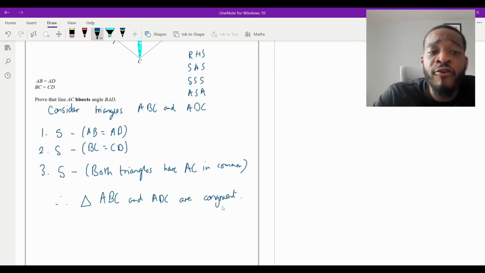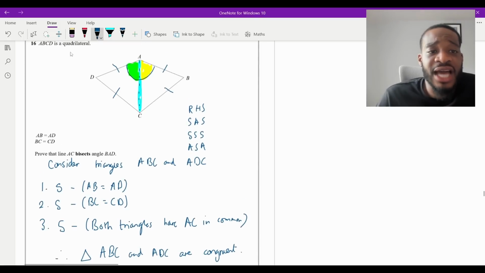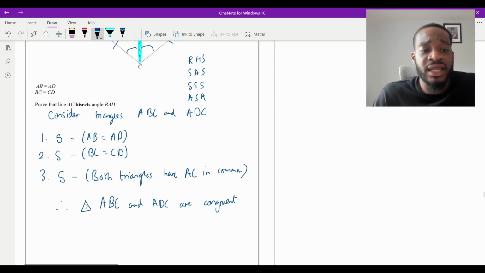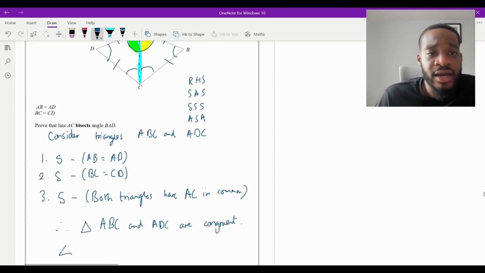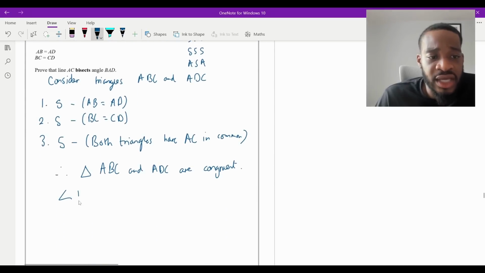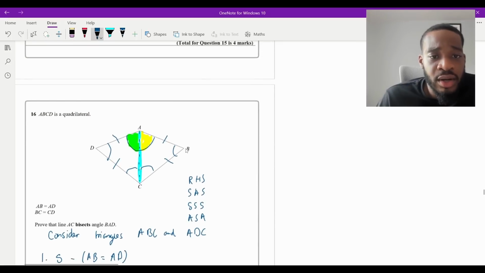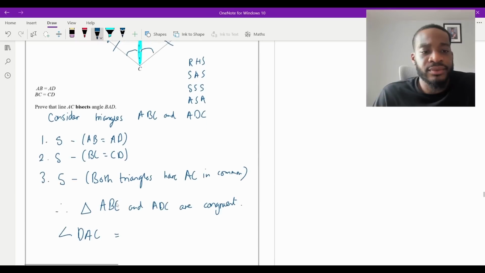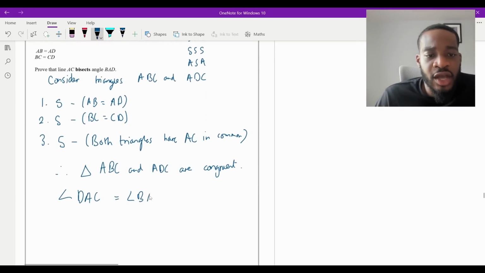Now, since they are congruent, remember that must mean that all of these angles here are the exact same. They all have the exact same angles. So now we could say that those two angles, angle DAC, the green angle, must be equal to angle BAC, because they are congruent.